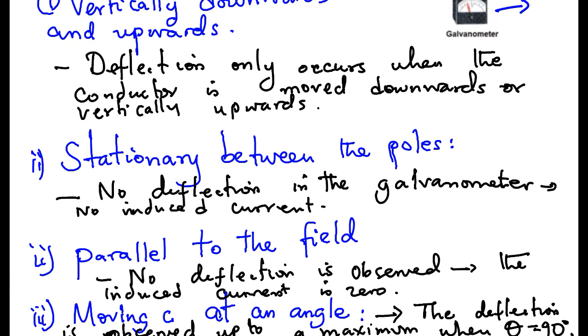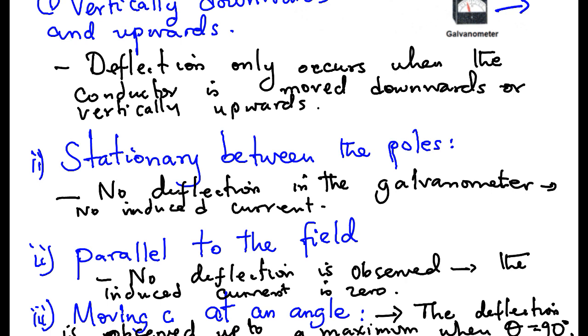From these observations, we can make a conclusion that current is induced when there is relative motion between a conductor and the magnetic field. The deflection in the galvanometer is always reversed when the direction of relative motion between the conductor and the field is reversed.